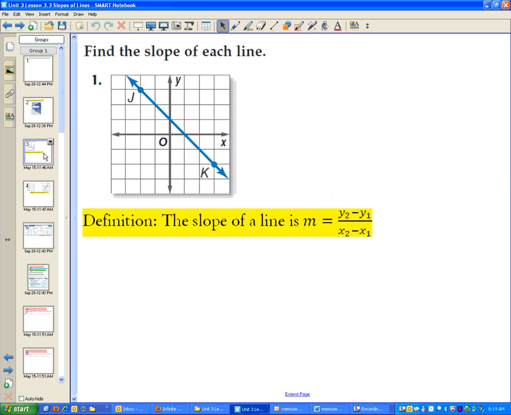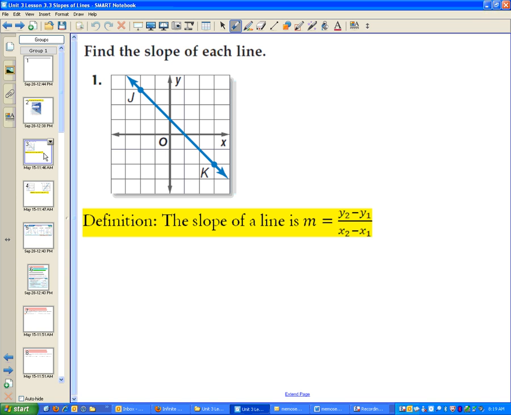So let's do an example. This would be from page 190. Find the slope of each line. Now, to find the slope of the line, we need to know the coordinates of 2 points.